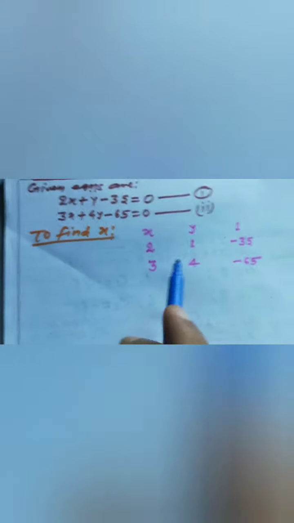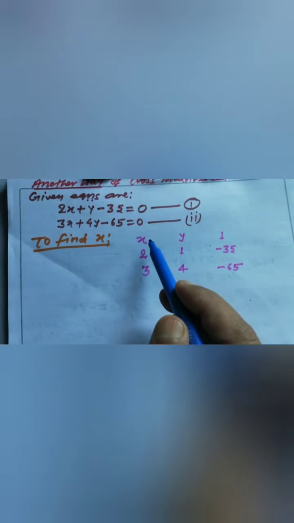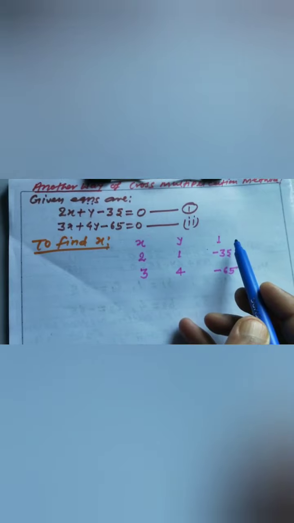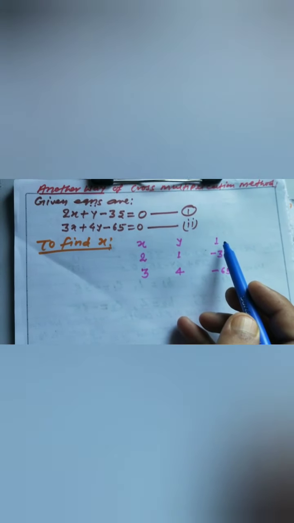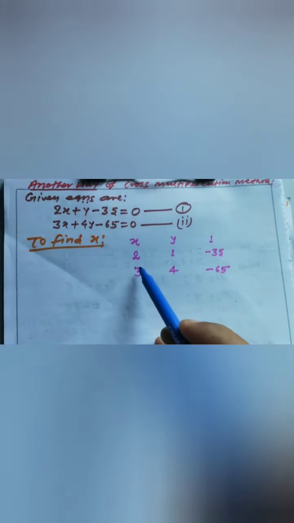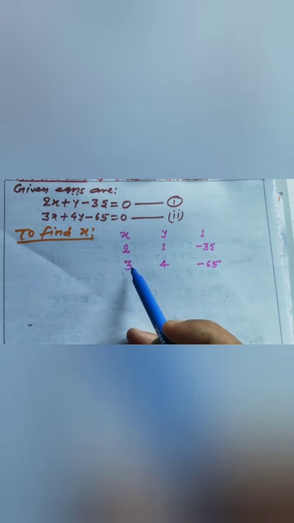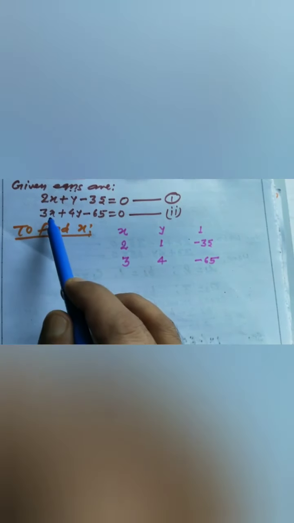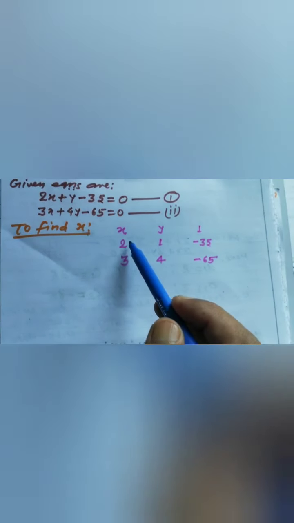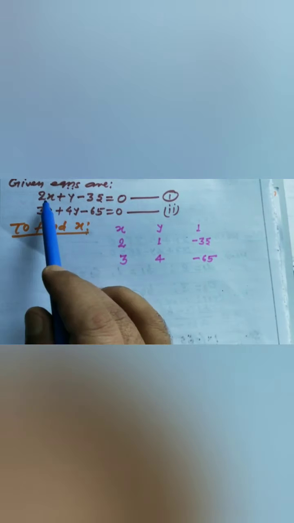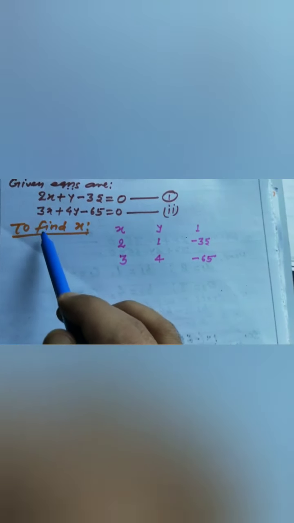To solve it, first write here x, y, and in place of the constant write 1. Below x, write the coefficient of x in equation first and then the coefficient of x in equation second. We have just written 2 and 3, so in the column 2 is above and 3 is below.